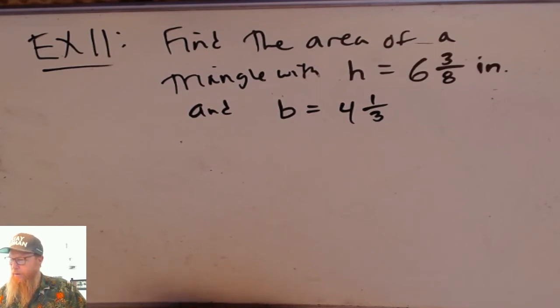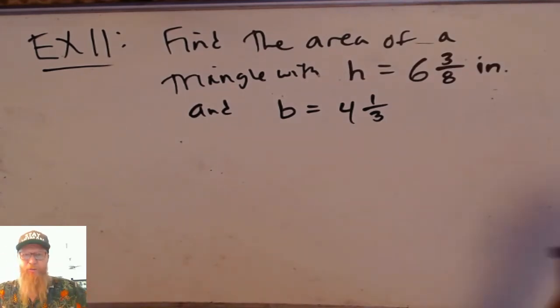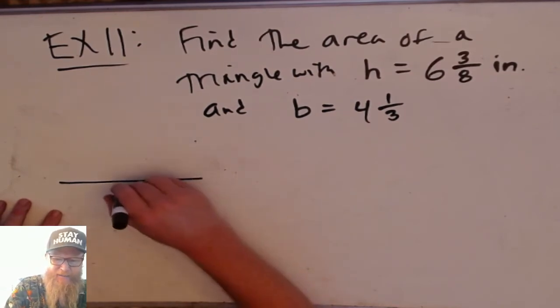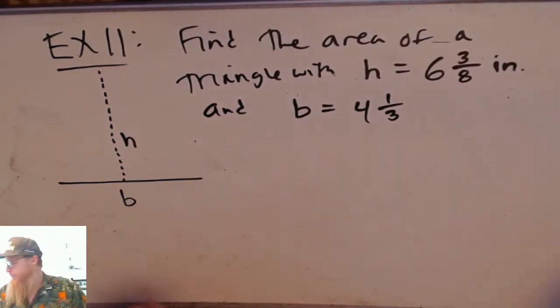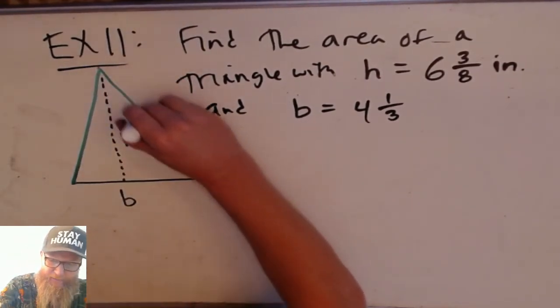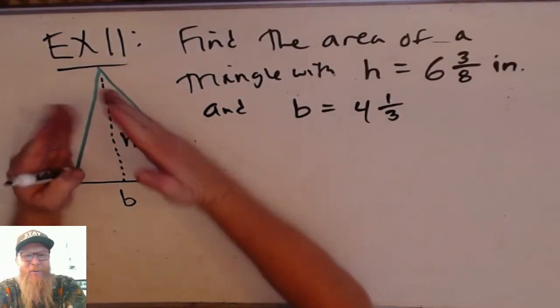All right, so maybe let's draw pictures to kind of give the idea. So here's the B, there's the H, and then your triangle kind of looks like this. It really doesn't matter what the angle is.